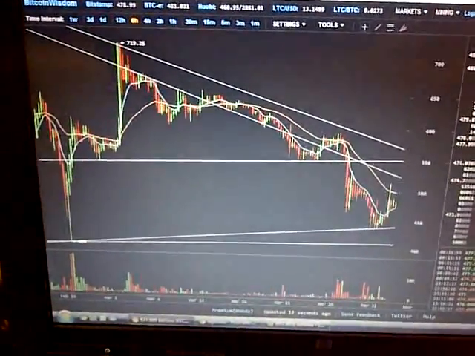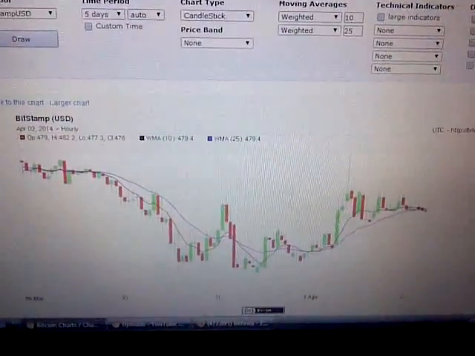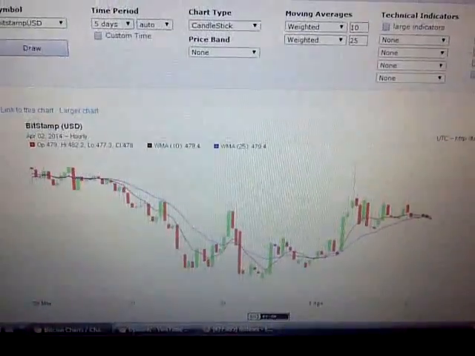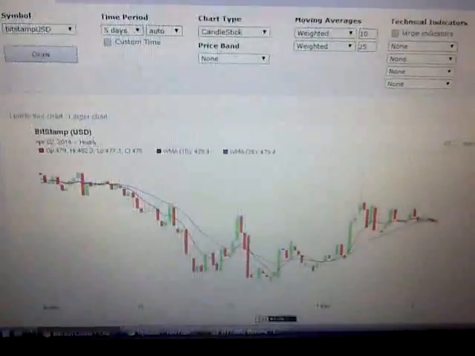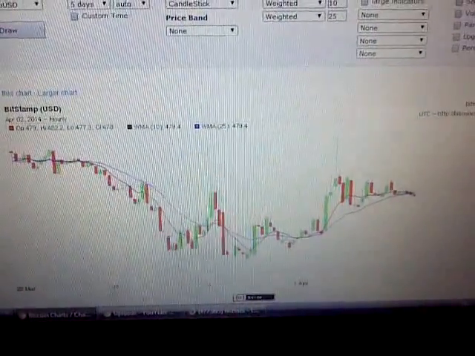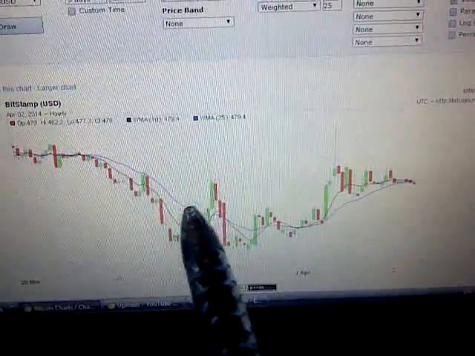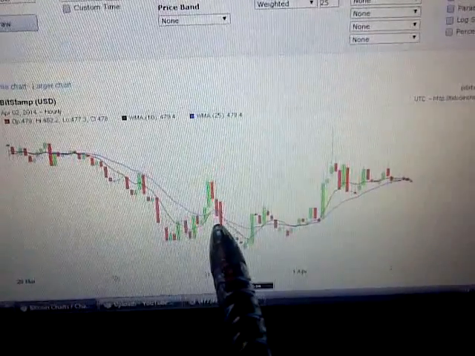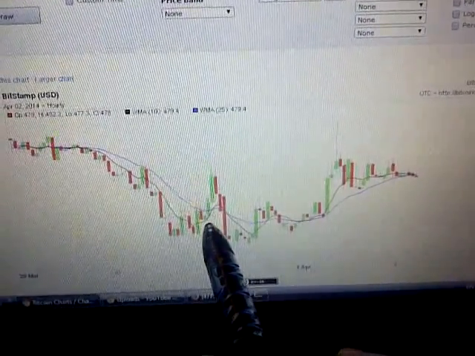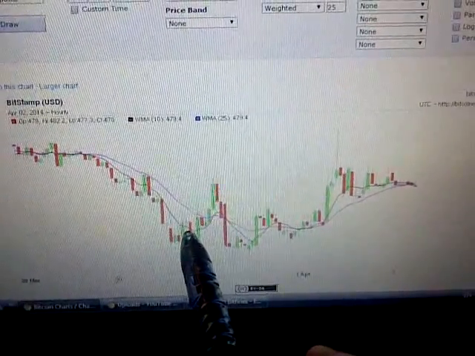I went over most of them, and I also like looking at this too, because this is a 5-day hourly on Bitstamp, and it really helps me get an idea of where a trend is turning on the short term. You can see this weighted average, like this would be the 10 period.